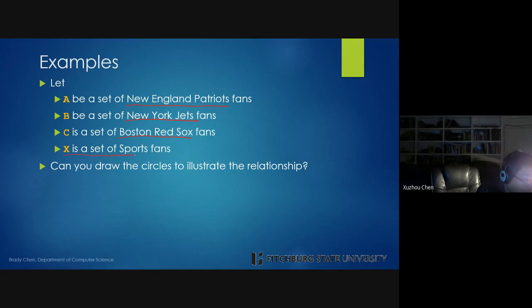X looks like a big set, right? It's a set of sports fans, so X is a set that includes all the people who are sports fans. Now, can we draw circles to illustrate the relationship?